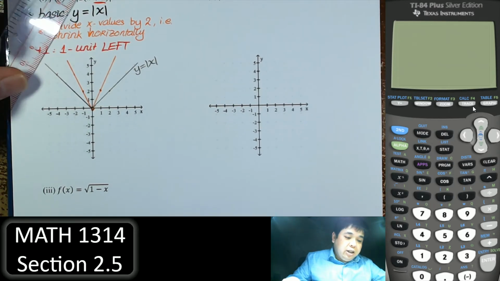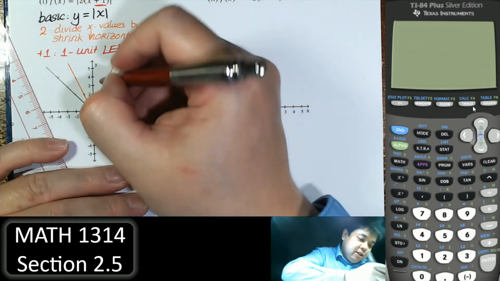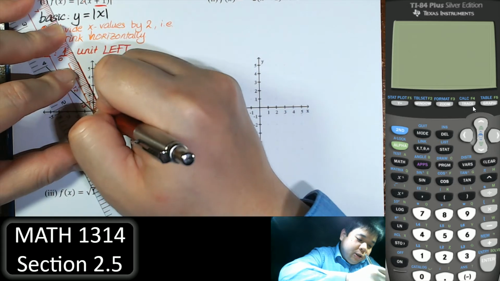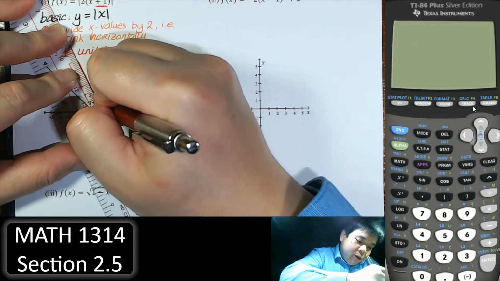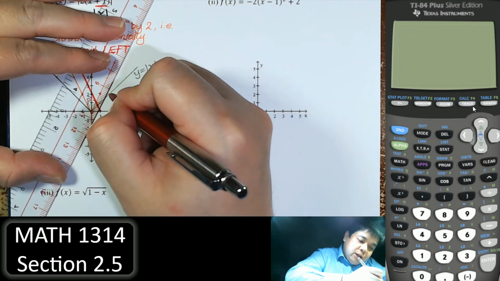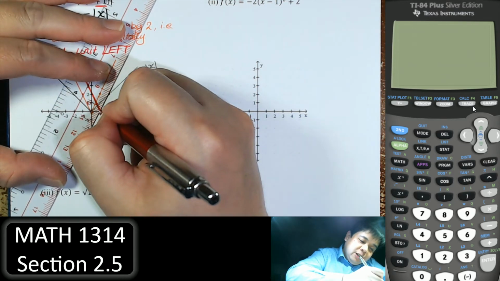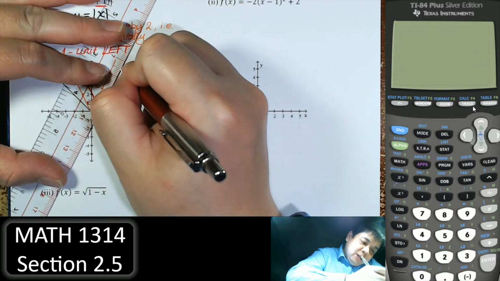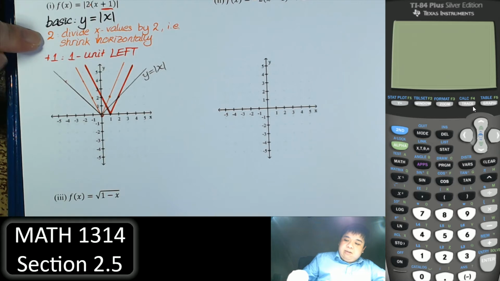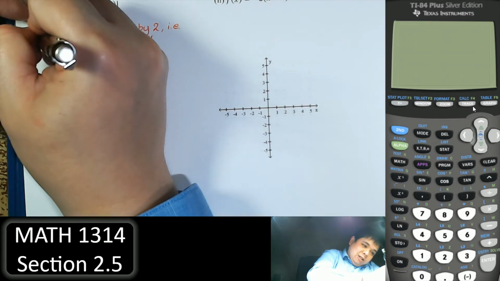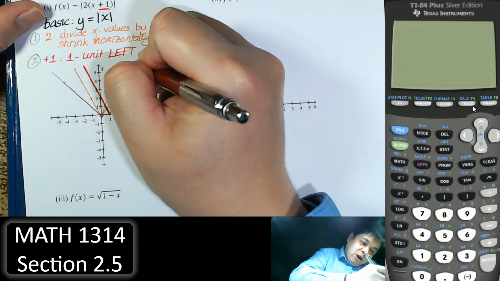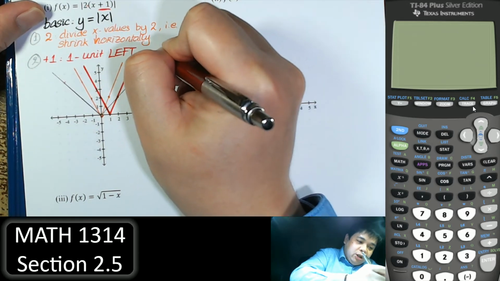And finally, we move 1 unit to the left. Yeah, so that is the first step. This is the second step. And here we have the final: y equal to absolute value of 2 times x plus 1.